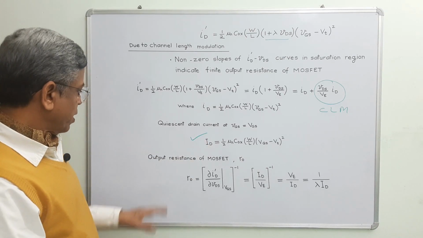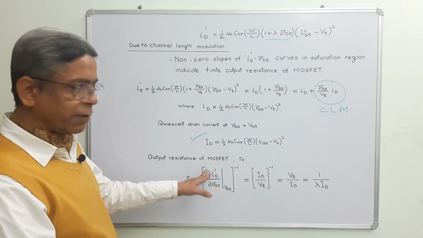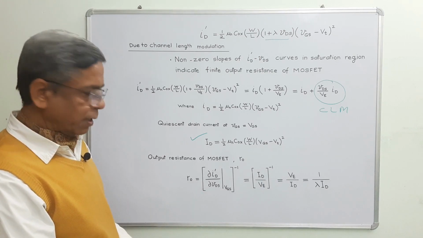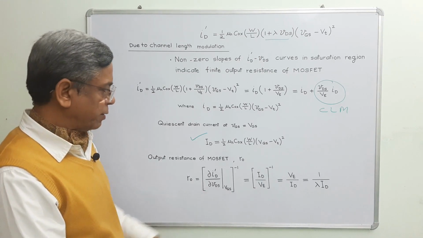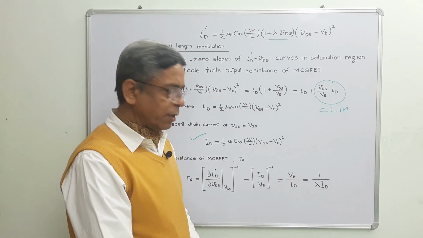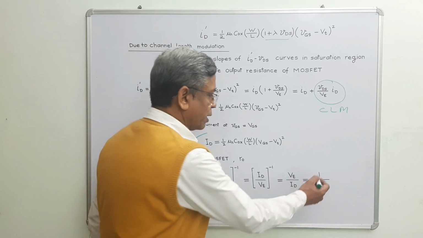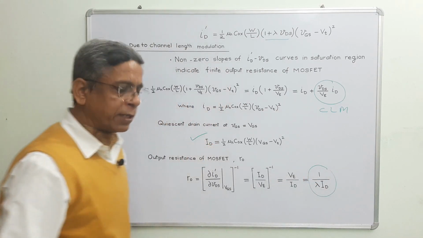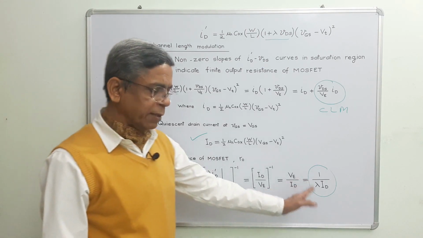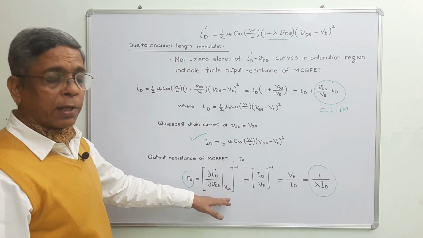Now we define the output resistance of the MOSFET. This R0 is the derivative of voltage with respect to current at a constant value of VGS. So this is the expression, and by putting the value of VE as 1 by lambda, this is the final expression for the output resistance of the MOSFET, which includes channel length modulation.